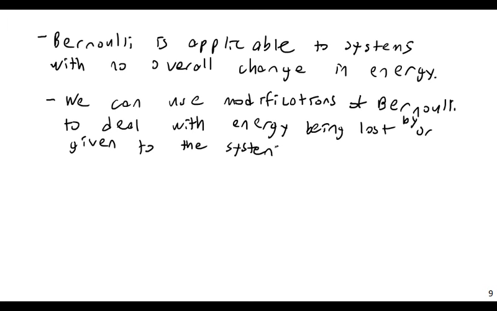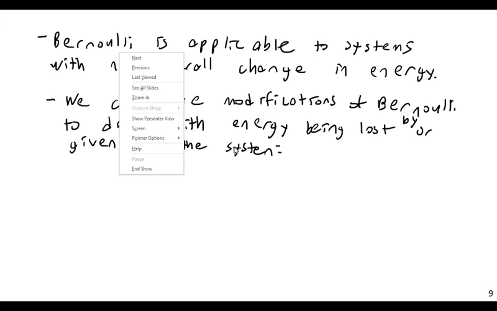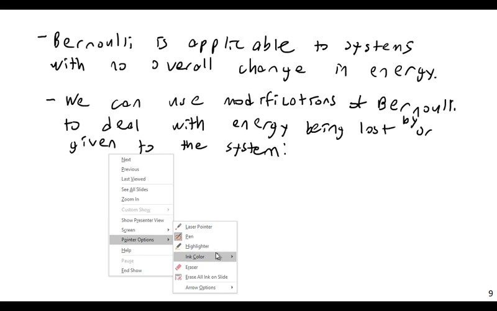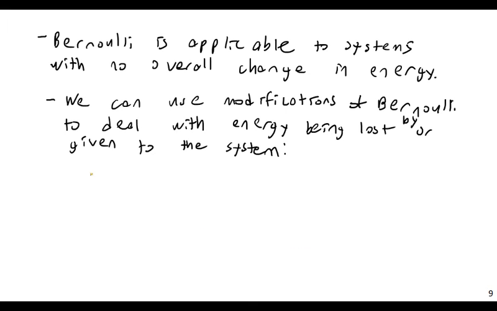The things that tend to cause this kind of energy change are things like pipe loss, things like friction, things like pumps and turbines. And we'll discuss these as the semester goes along.